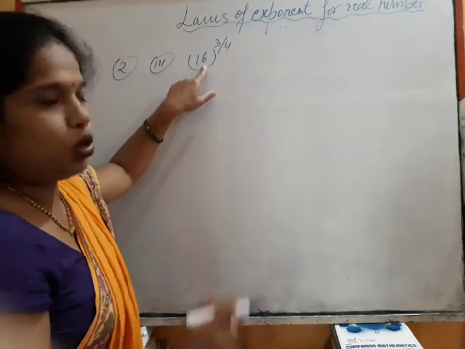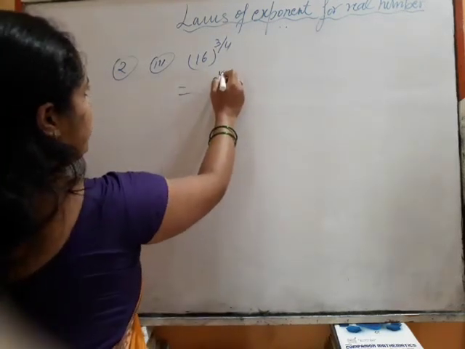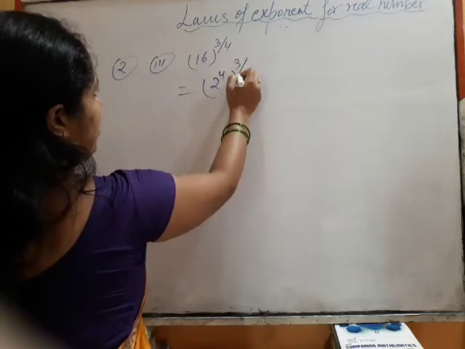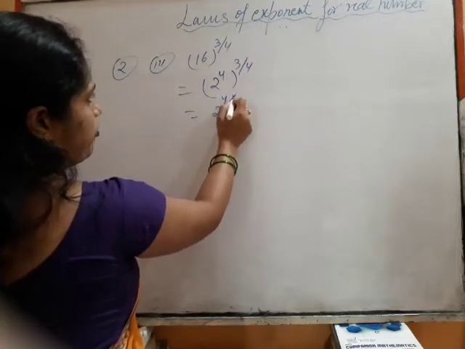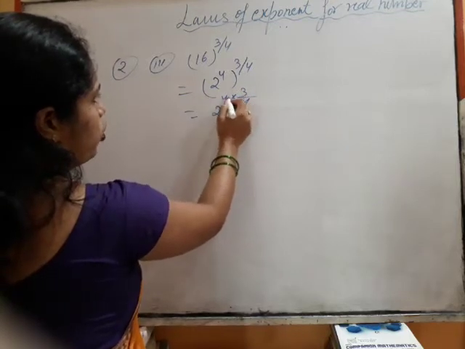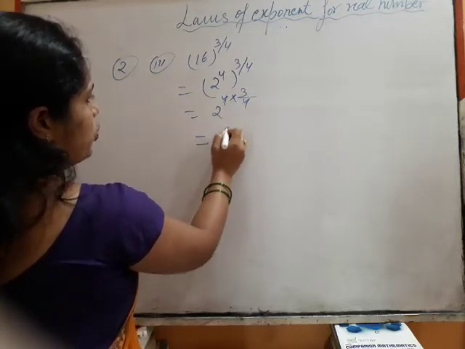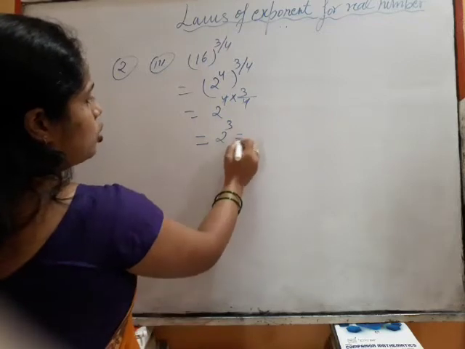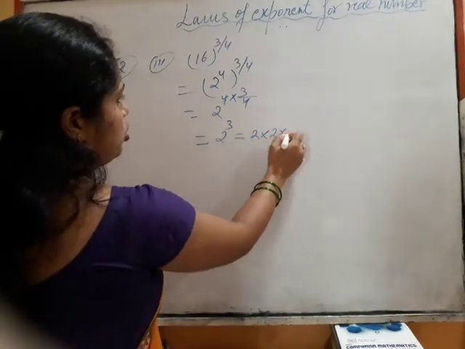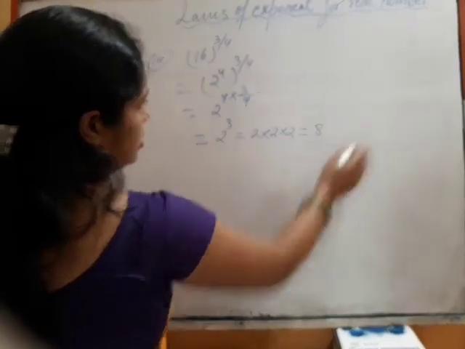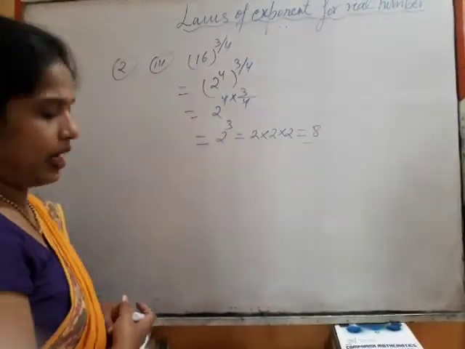Okay, so 2 raised to the power 4 whole raised to the power 3 upon 4. So 2 raised to the power 4 into 3 upon 4. 4 will get cancelled to give us 2 raised to the power 3. 2 raised to the power 3 means 2 into 2 into 2. That is what? 8. So our answer will be 8.